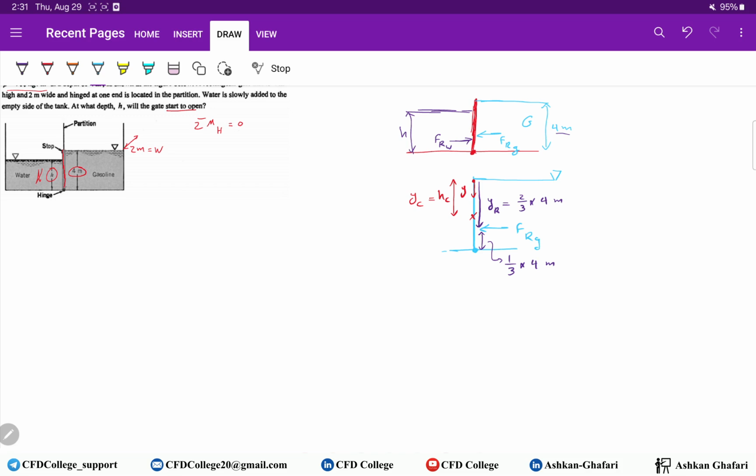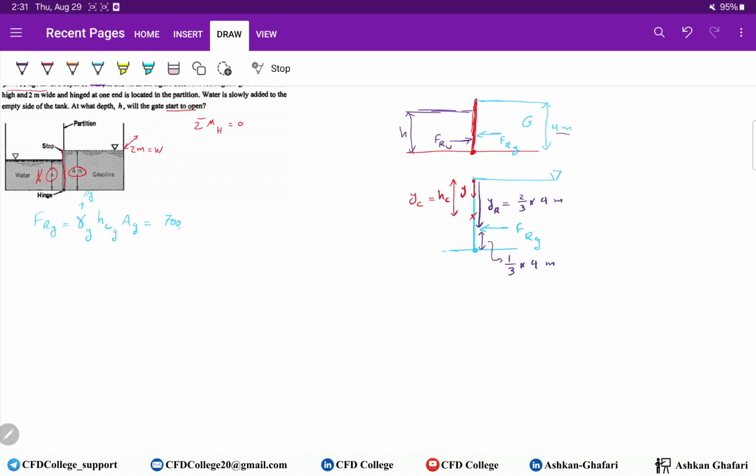FRG equals, you know that the magnitude is gamma of gasoline, HC of gasoline, times area of the gate which is in contact with gasoline. So gamma of gasoline equals rho g. We know the density and the gravity.